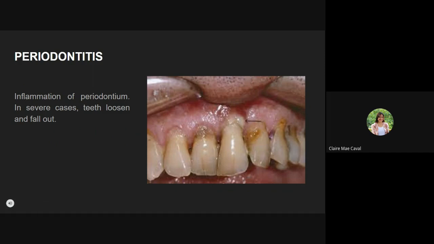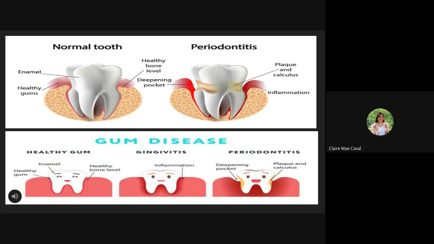In severe cases, the teeth loosen and fall out. So this is how it looks, like your normal tooth and the one with gingivitis and periodontitis. Oral diseases such as gingivitis, periodontitis, and trench mouth are collectively known as periodontal disease.